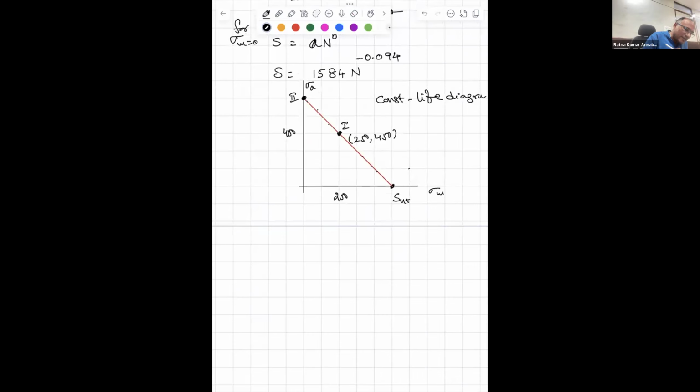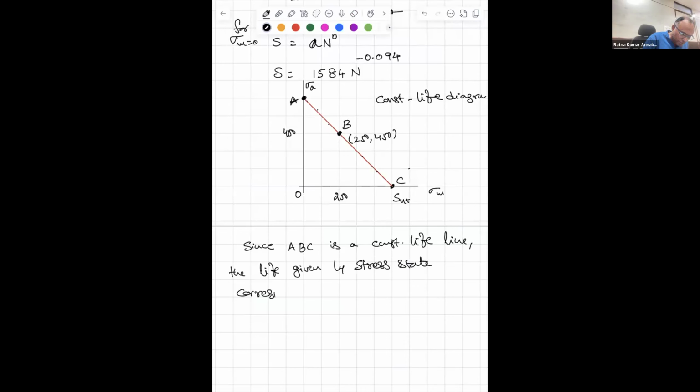Let us name the points O, A, C, and let us call this point B. Since A, B, C is a constant life line, the life given by the stress state corresponding to points B and A will be the same.